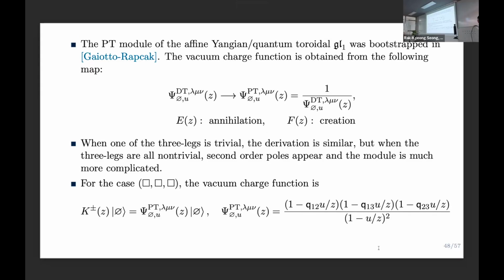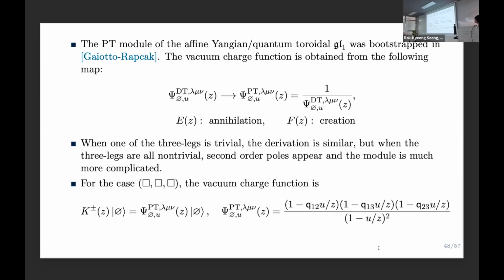And actually, it was recently constructed by Gaiotto, Rapčák, and Zhou in the paper. The way you construct this PT module is starting from the vacuum charge function of the DT case, you take the inverse of this in this way. And then you also flip the roles of the currents E and F. Usually the currents E play the roles of creation operators and F play the roles of annihilation operators, but now you need to flip it.